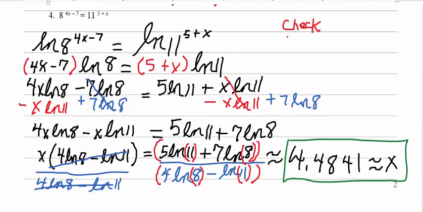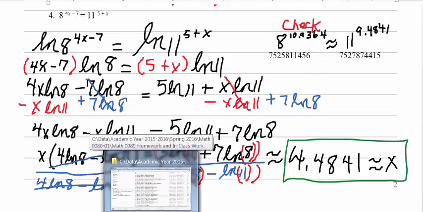Now, we go back to the original equation, and we're going to multiply 4.4841 times 4 and then subtract 7. And that raises 8 to the 10.9364 power. We're going to add 5 to 4.4841 to get that 11 is being raised to the 9.4841 power.